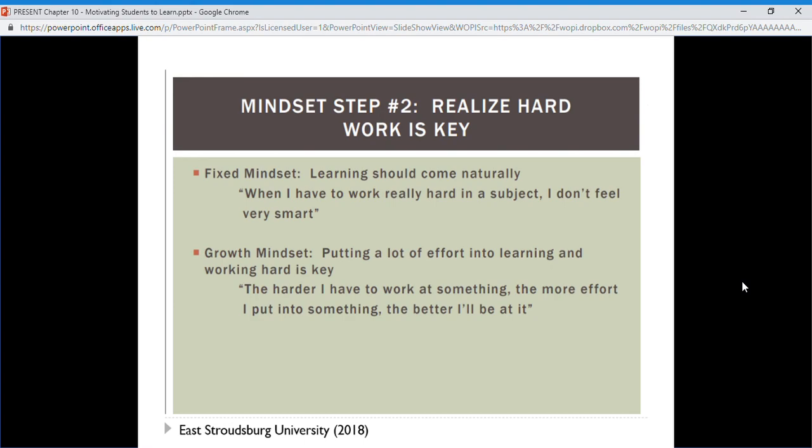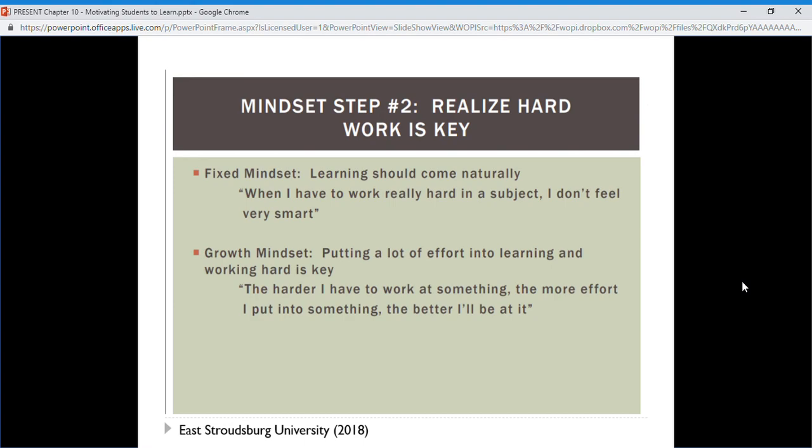The second step towards cultivating a growth mindset is to realize that hard work is key. With a fixed mindset, people generally think that learning should come naturally. So they might say to themselves, when I have to work really hard on a subject, I don't feel very smart, or if I have to put in any effort, then I'm just not good at it and I'm not going to try.